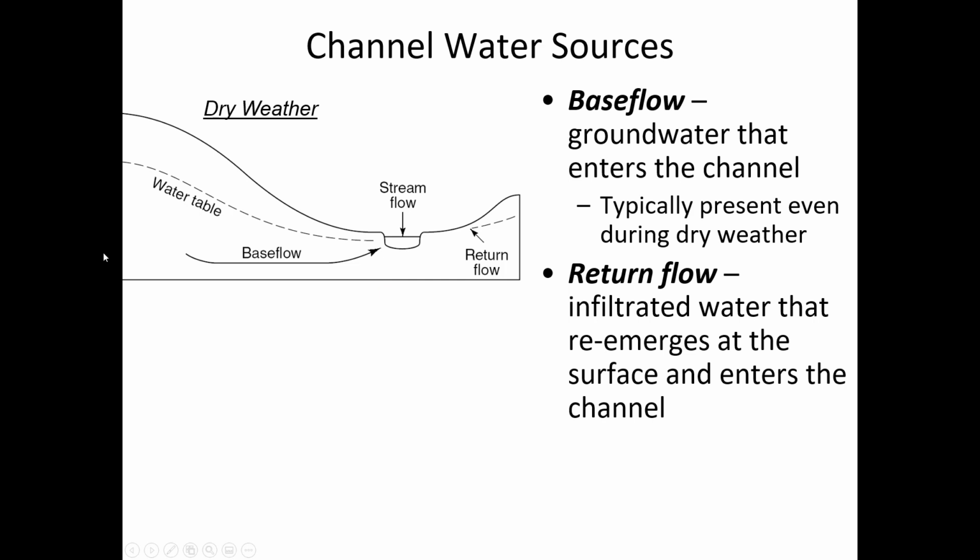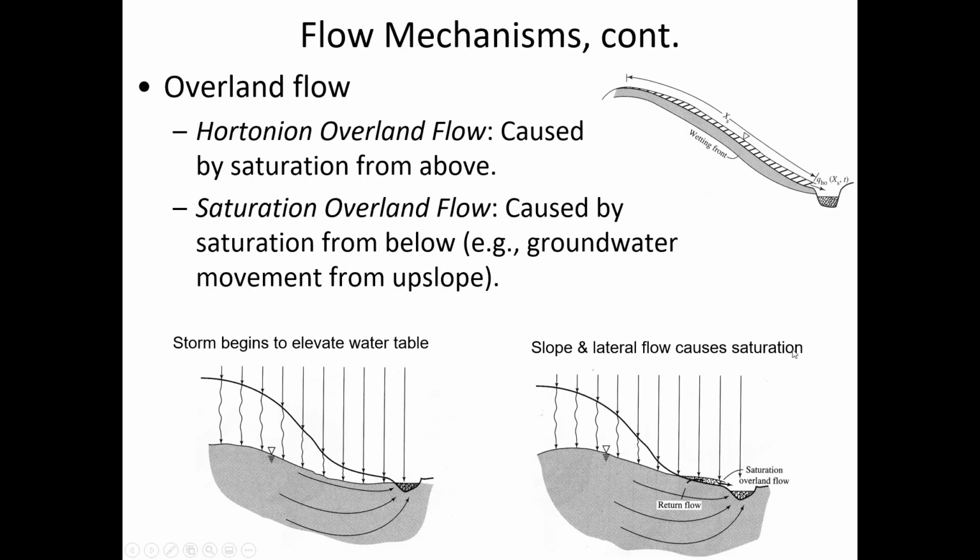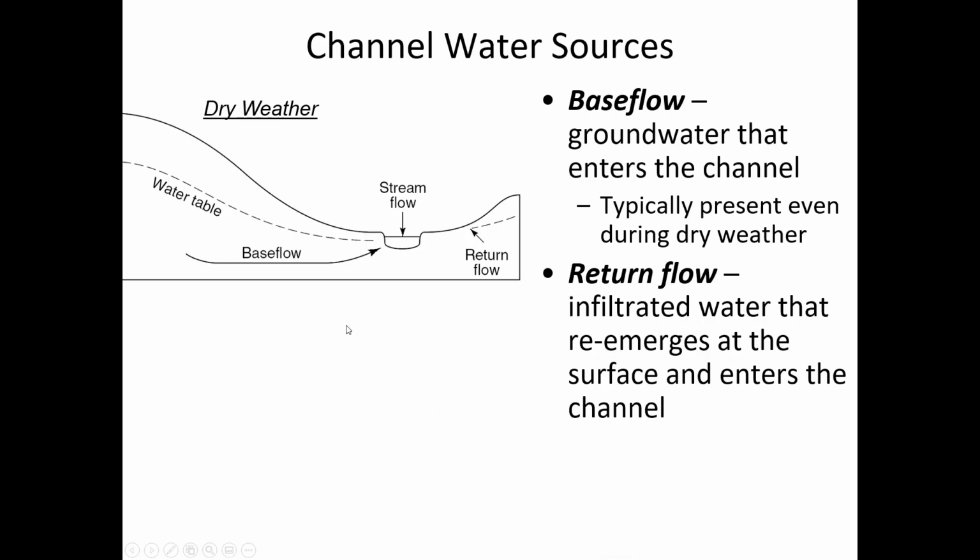So here's just another illustration of the subsurface and how water that's underground can get into a stream. When it goes directly into a stream without first going to the surface, that's what we call base flow. This return flow was at the surface and then flowed into the stream from above, whereas base flow gets into a stream directly without re-emerging at the surface.